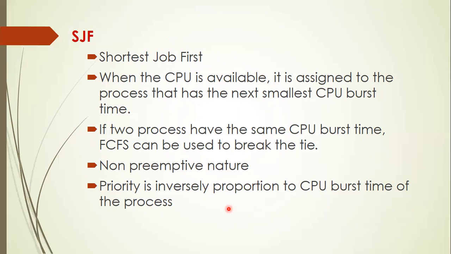Here also, first the CPU is given to the smallest process. Only after that process's execution is over is the CPU given to the next shortest process, then the next shorter process. Finally, the CPU goes to the process which has the largest CPU burst time. But here also, once a particular process gets the CPU, the CPU is allocated to the next process only after the previous process's execution is completed.